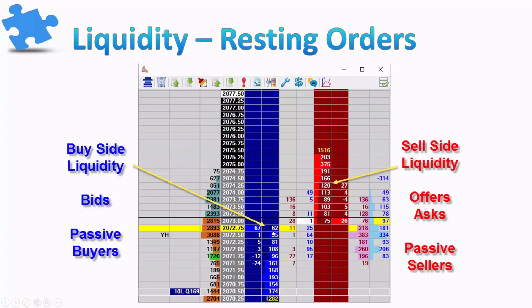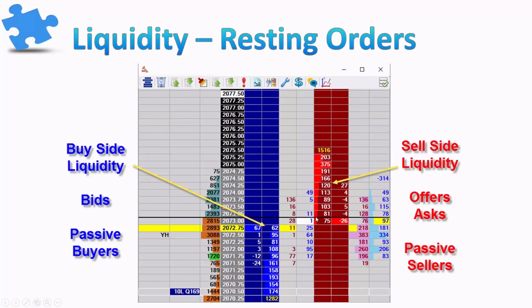Despite a lot of the resting orders being fake, we still have to get through them. If we look at the blue numbers here, we can see the number of contracts it actually took to break through the ceiling. Here we traded 17 contracts and we ticked up, 95 contracts ticked up, 10 up, 64 up, 25 up.